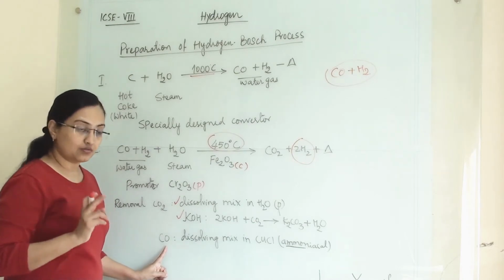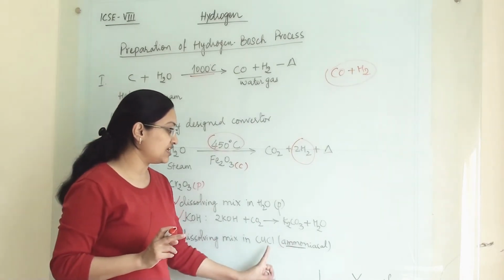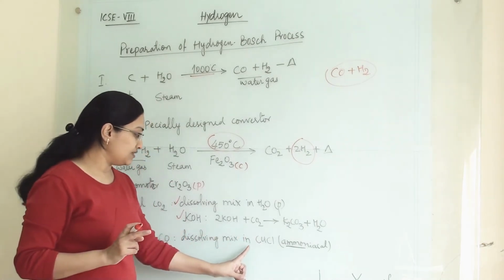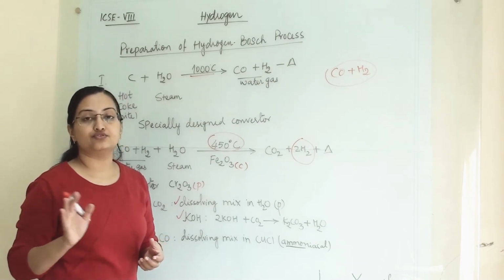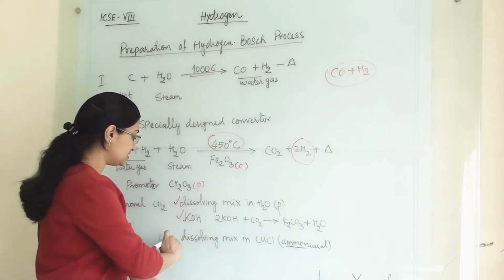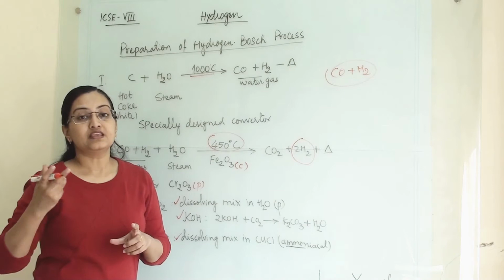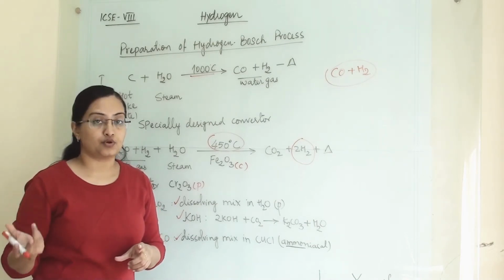Now for carbon monoxide, we can dissolve the mixture in ammoniacal copper chloride. When we dissolve this, carbon monoxide will react with it and our hydrogen gas will remain as it is. So these three steps are for the purification step, so that we will get our product in purest form.